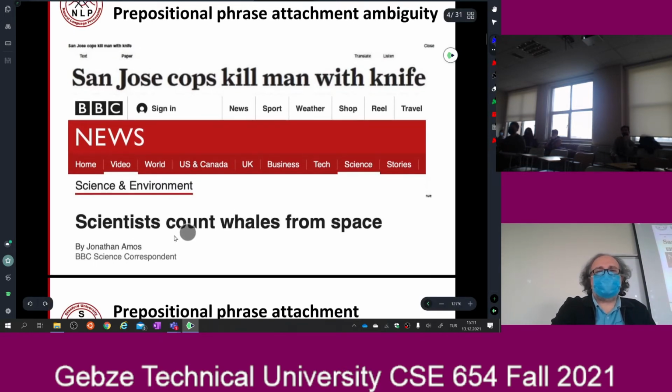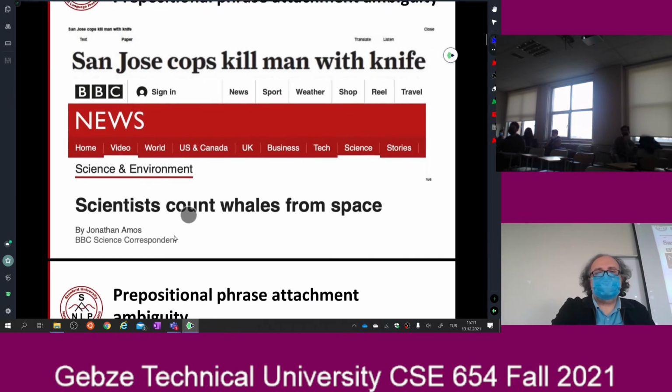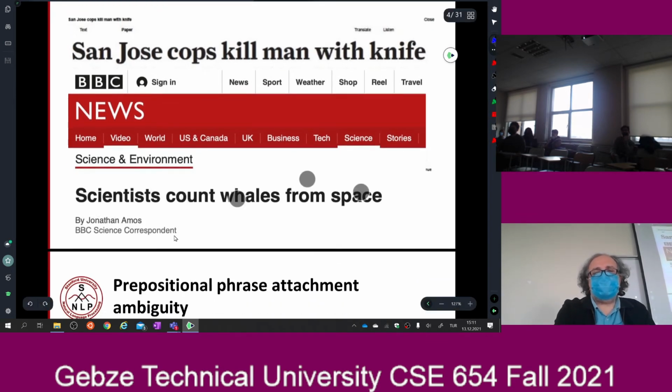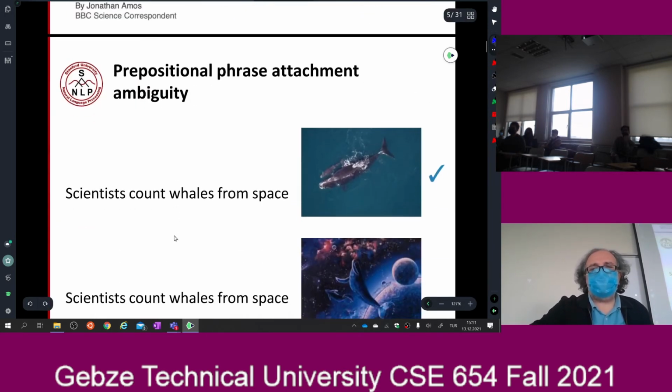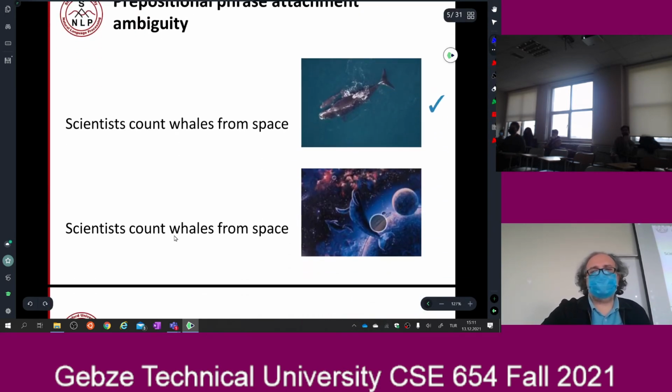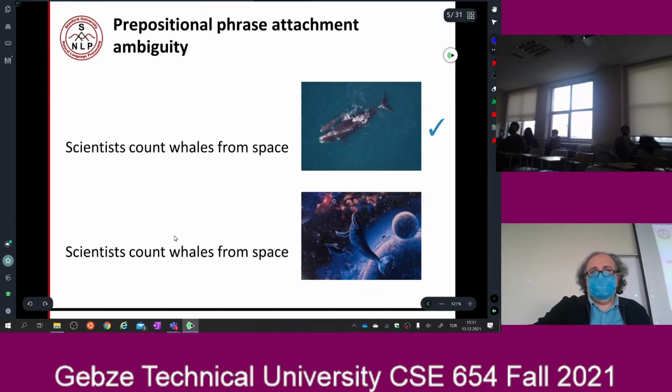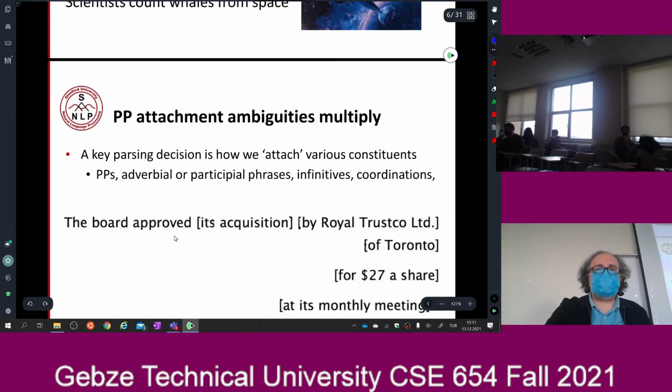Scientists count whales from space. So whales from space, spatial weight. So they don't mean this, right? They mean this. So both of them are possible. Okay, so these kinds of things are possible. They are not going to go away.